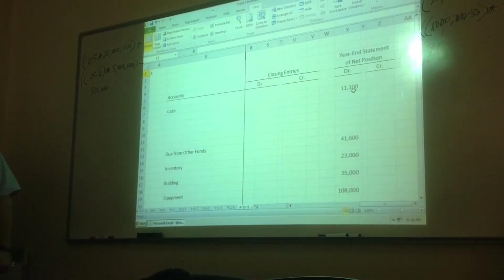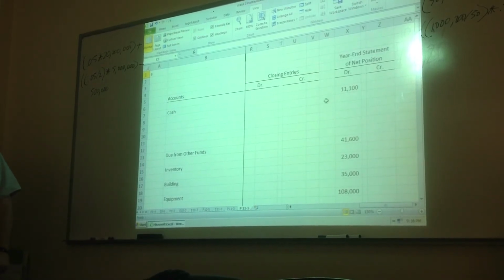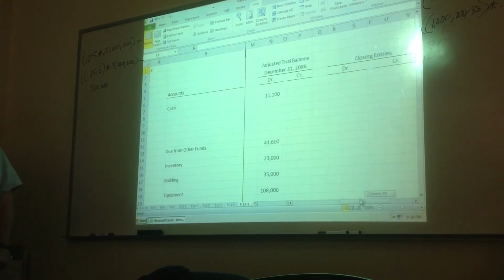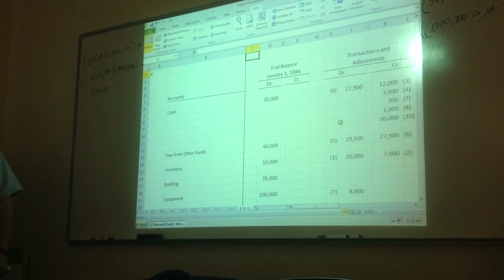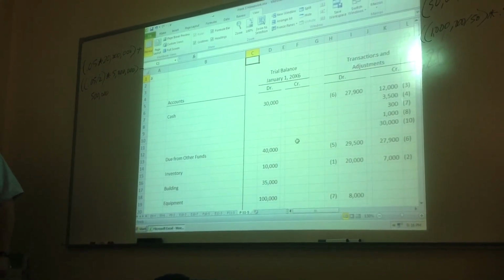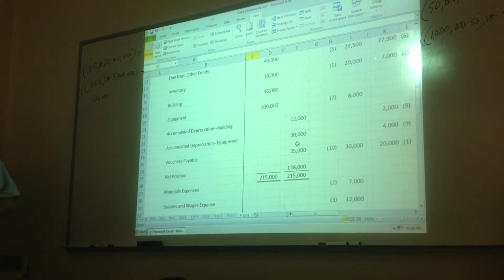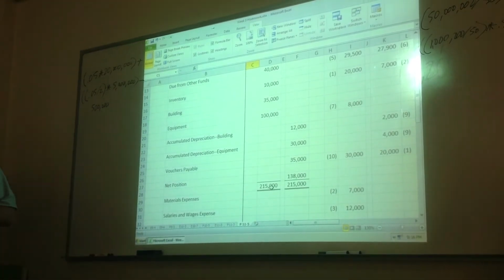Final trial balance, however you want to say it. So each one is made up of debits and credits. Each one has a debit column, credit column. You're doing the same kind of analysis you did in 10-5. Okay? So, you're given your starting numbers, page 470. So those first two columns should balance.